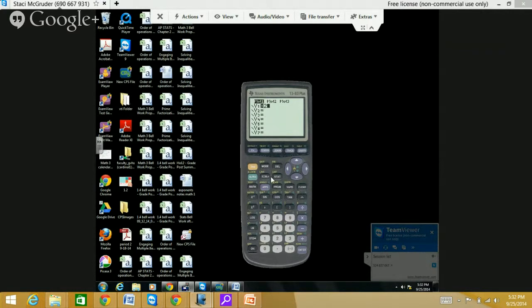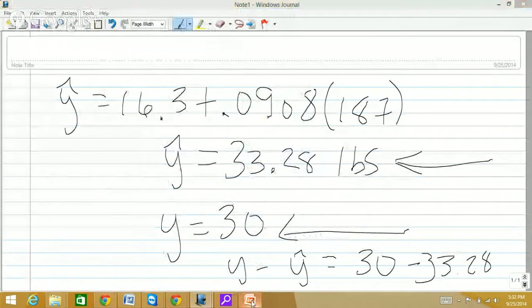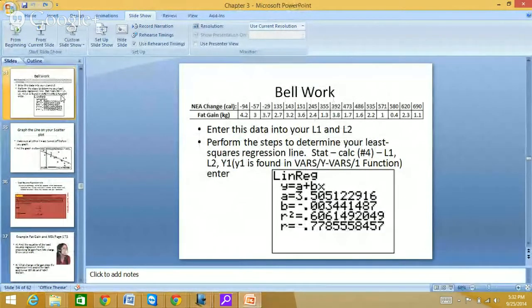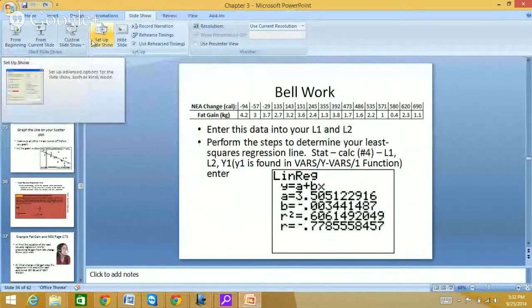You need to click on that and hit enter. And that will turn it off. I would just recommend clearing those out so you don't have to worry about it. Okay? So go ahead and enter this information.